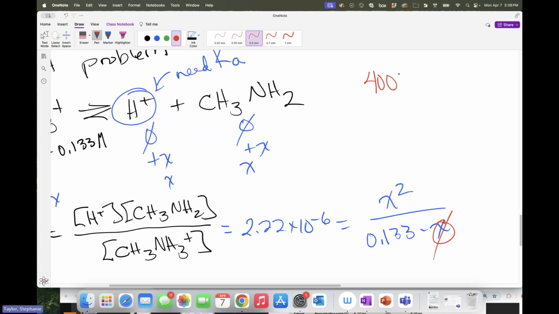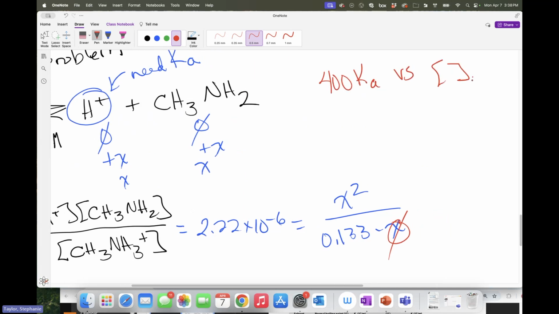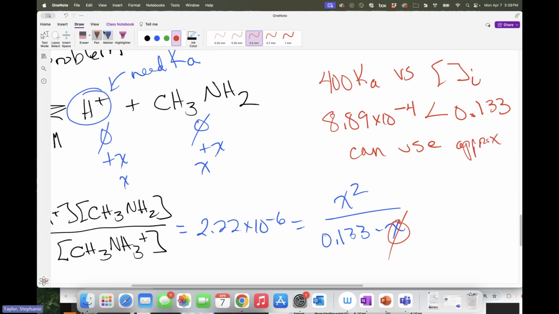We go ahead and compare 400 times the Ka to the initial concentration. 400 times my Ka value is 8.89 times 10 to the negative 4, and that is smaller than my initial concentration of 0.133. So we can use the approximation.